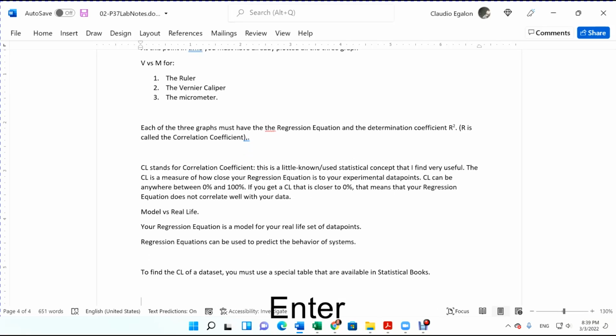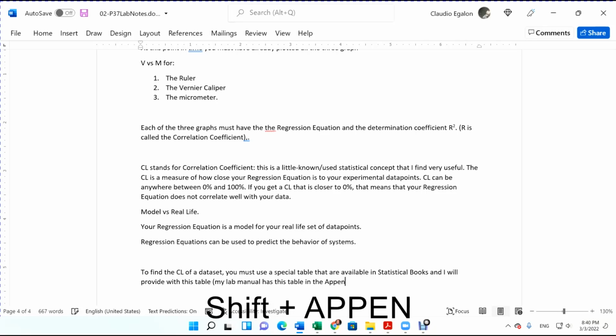I'm going to provide this table. By the way, my lab manual has this table in the appendix, so if you have my lab manual, you already have that table there at the end.